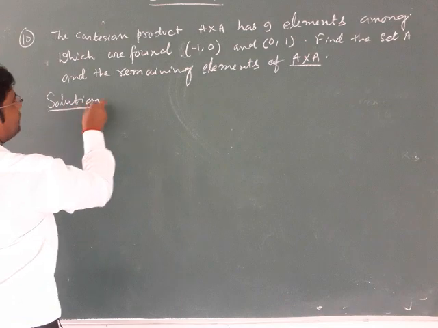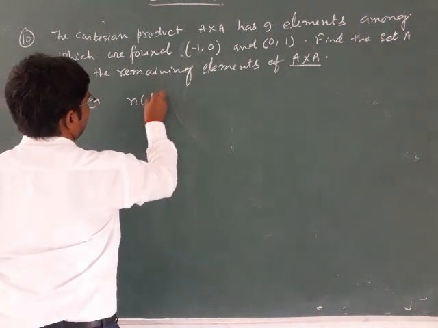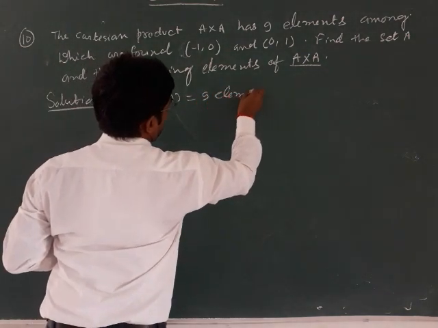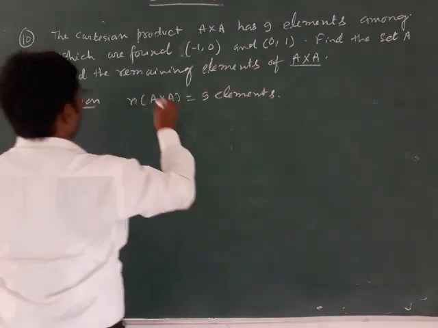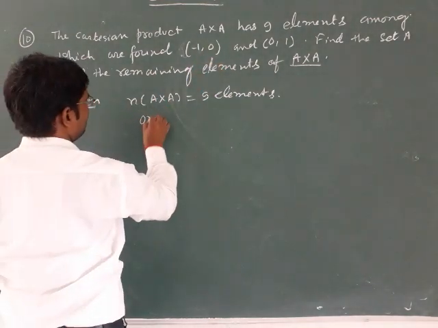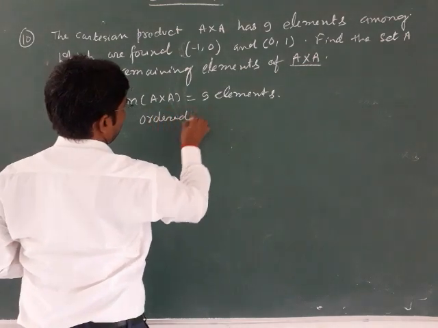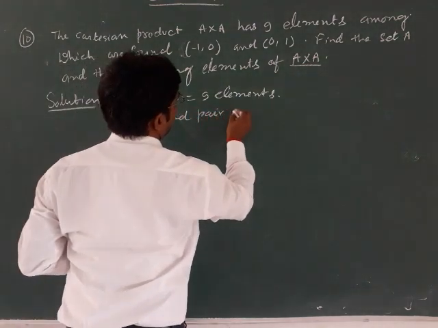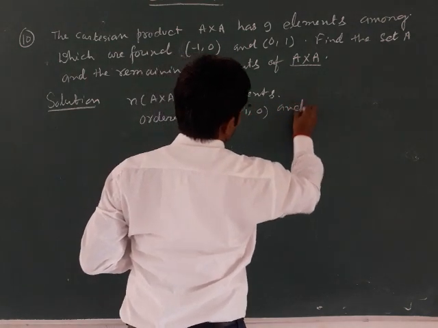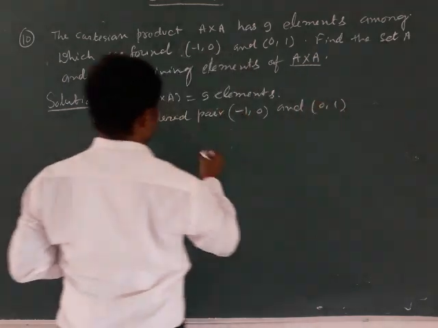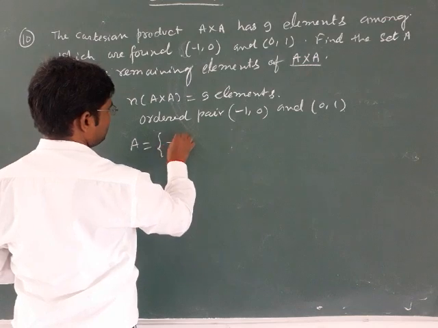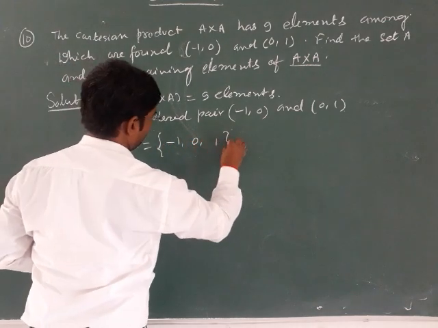Given that A cross A has 9 elements, and among these ordered pairs are (-1, 0) and (0, 1).